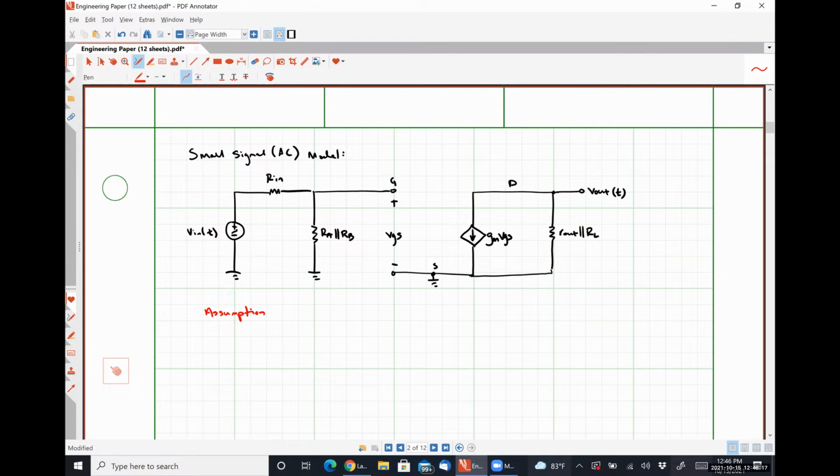So the assumption that I'm making is that the excitation frequency of Vn of t is high enough that Cn, excuse me, looks like a short circuit.